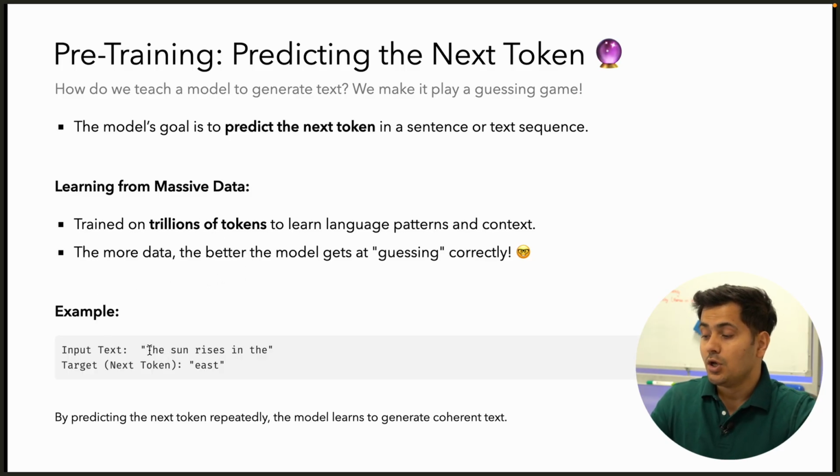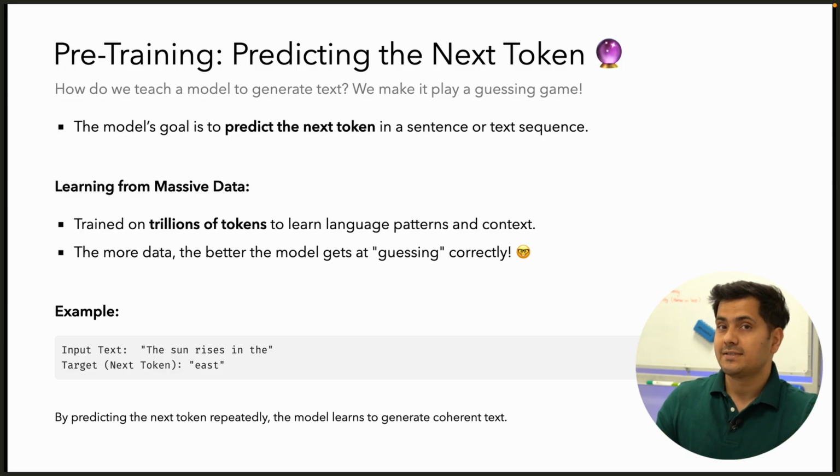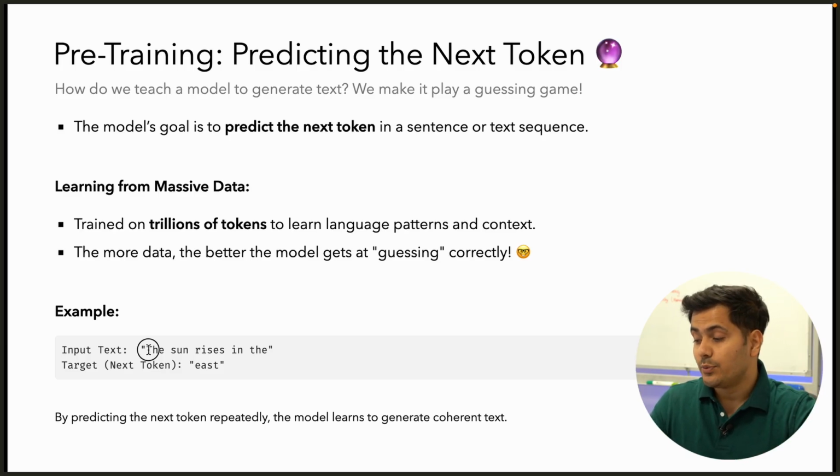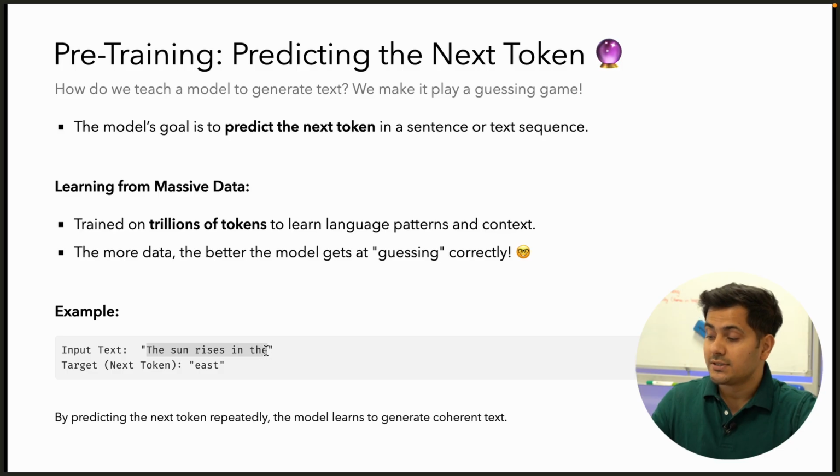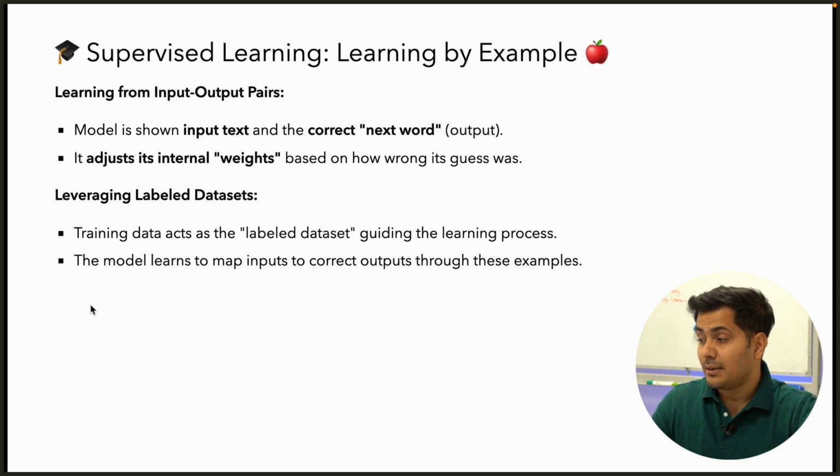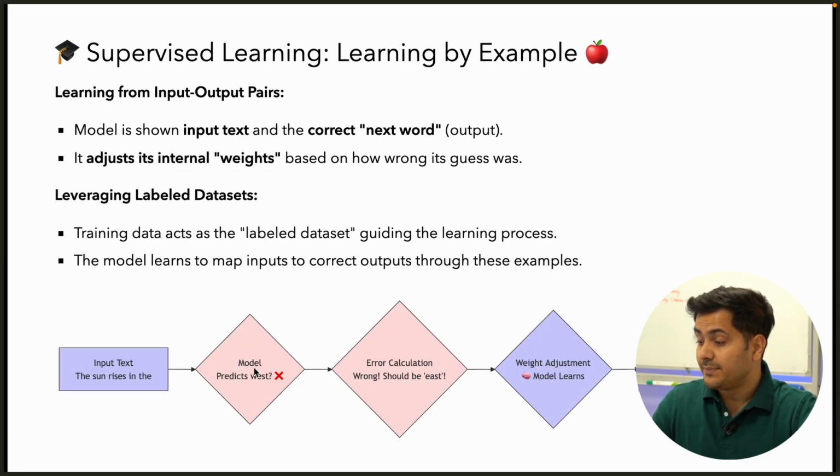For example, let's say the data set contains the sentence, "The sun rises in the east." We give the model the tokens, "The sun rises in the," and we ask the model to predict "east." And let's say it predicts the word "west," right?